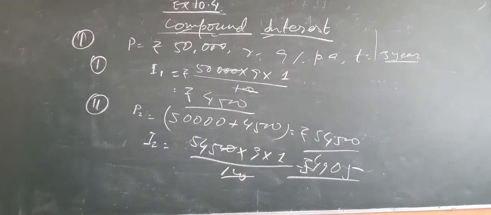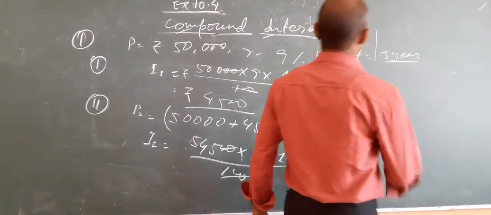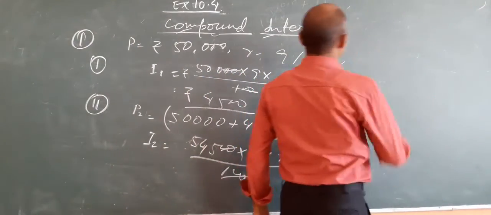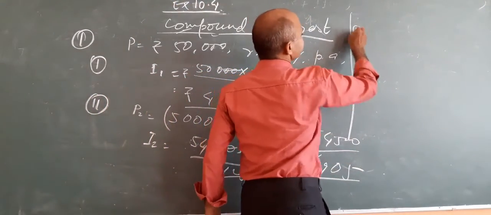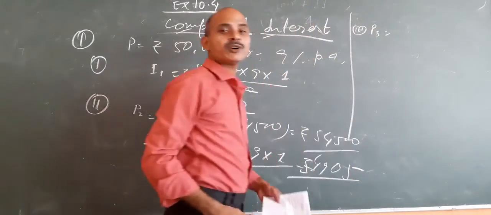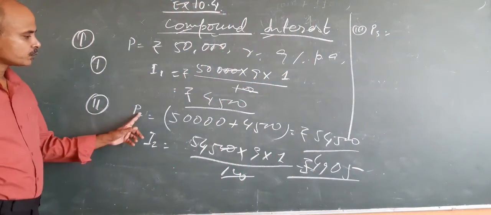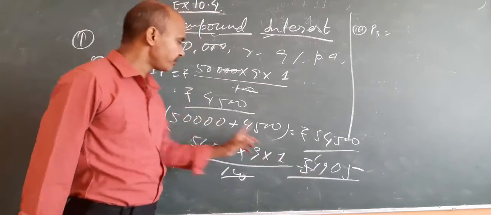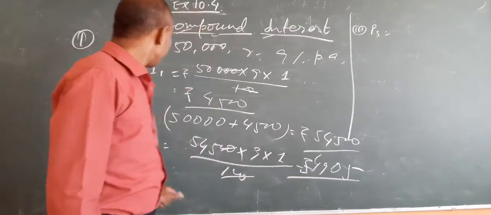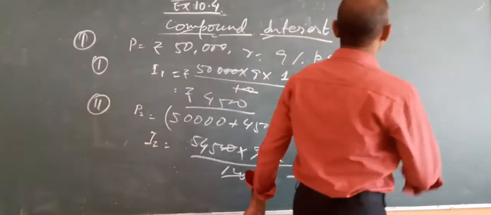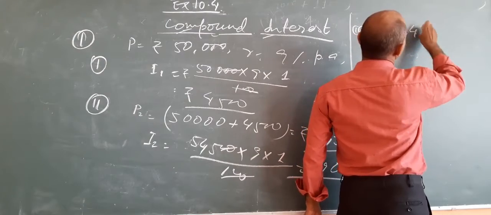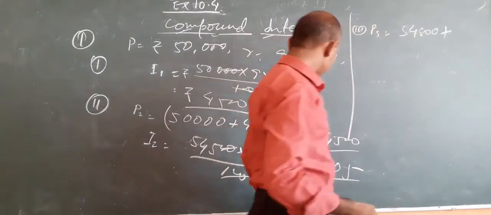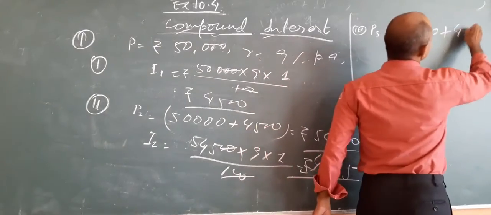Now we have to find the interest for the third year. For this, we first have to find the principal for the third year. That is P2 plus interest: the principal for the second year was 54,500, plus the interest 4,905.